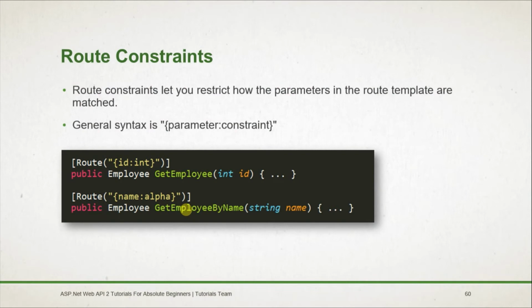Routing constraints let you restrict how the parameters in the route template are matched. The general syntax is parameter name colon constraint within curly braces. This is our example that we used.